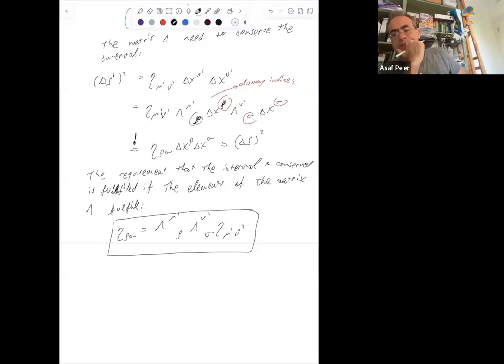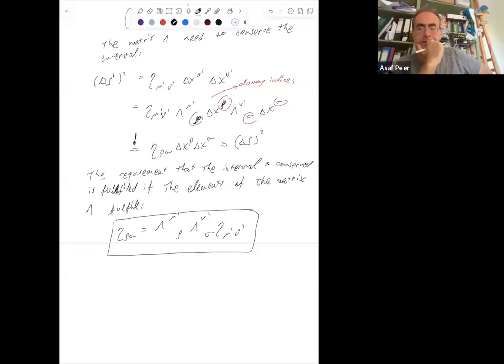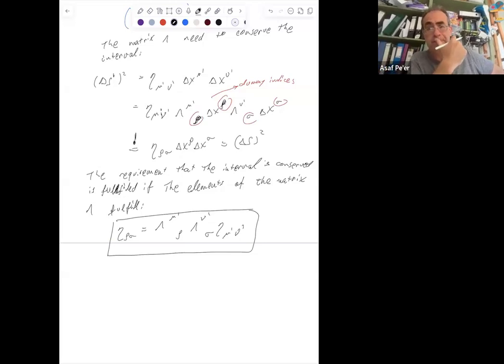So I'm claiming that every matrix lambda whose elements fulfill this equation is a legitimate Lorentz transformation.